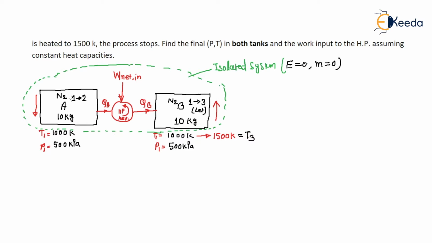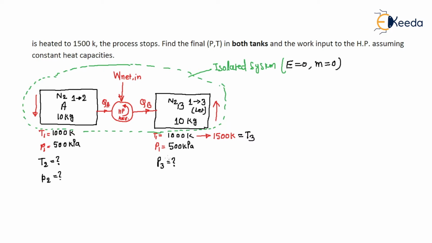So what is T2 here? We will find that. And what is the final pressure of the system? What is P2 and what is P3? You have to calculate it.